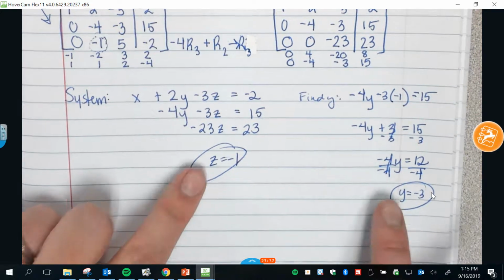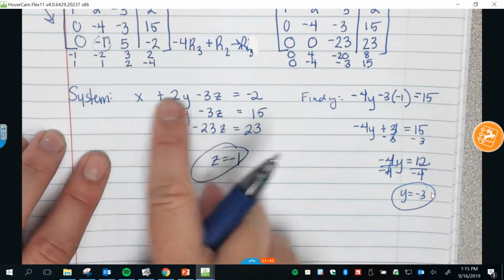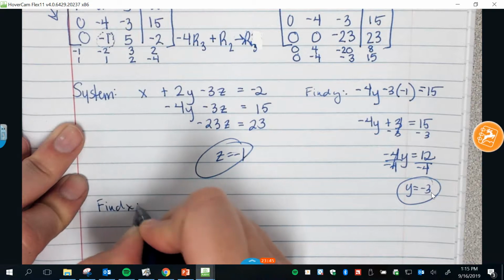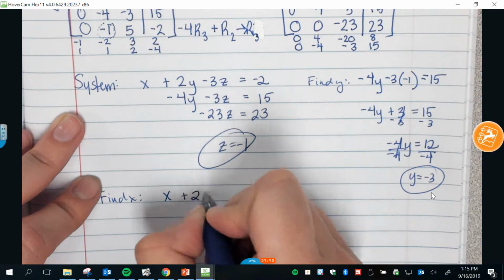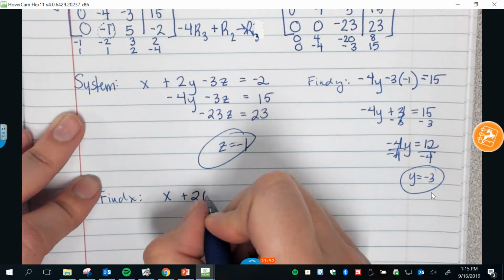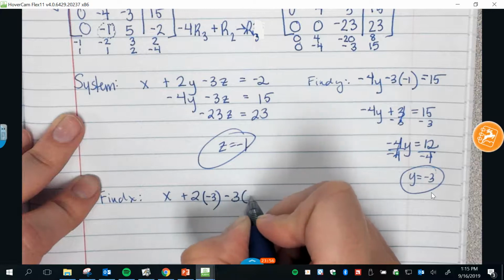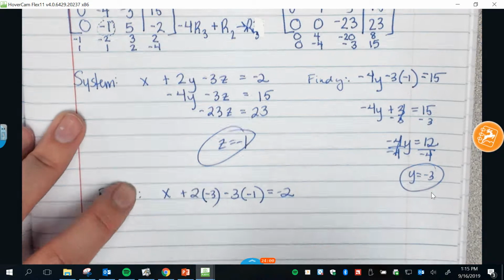Okay, we have z, we have y. Only thing left to find, x. So you plug them into the top, right? So I'm going to find x. So x plus 2 times y, and y is the number negative 3, right? Minus 3 times z, which is the number negative 1, equals negative 2.